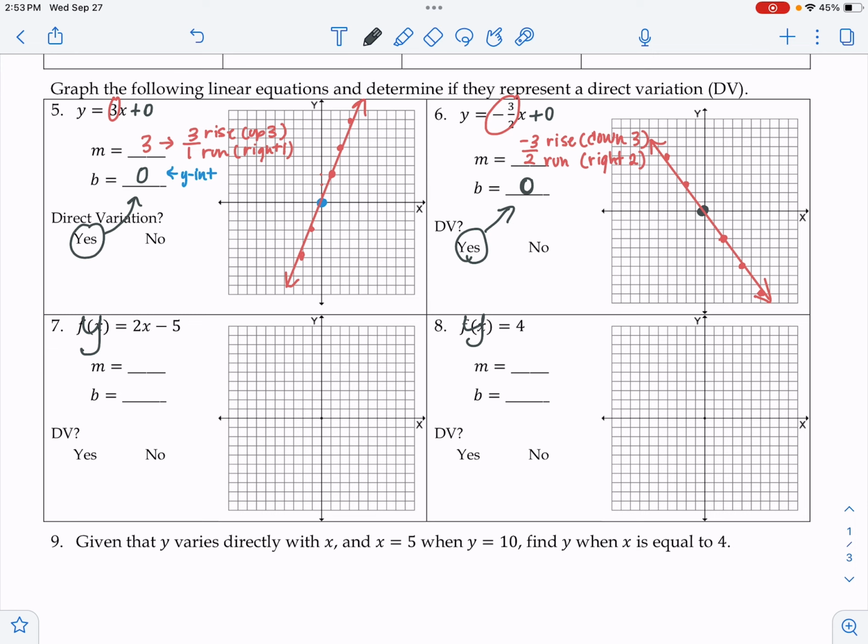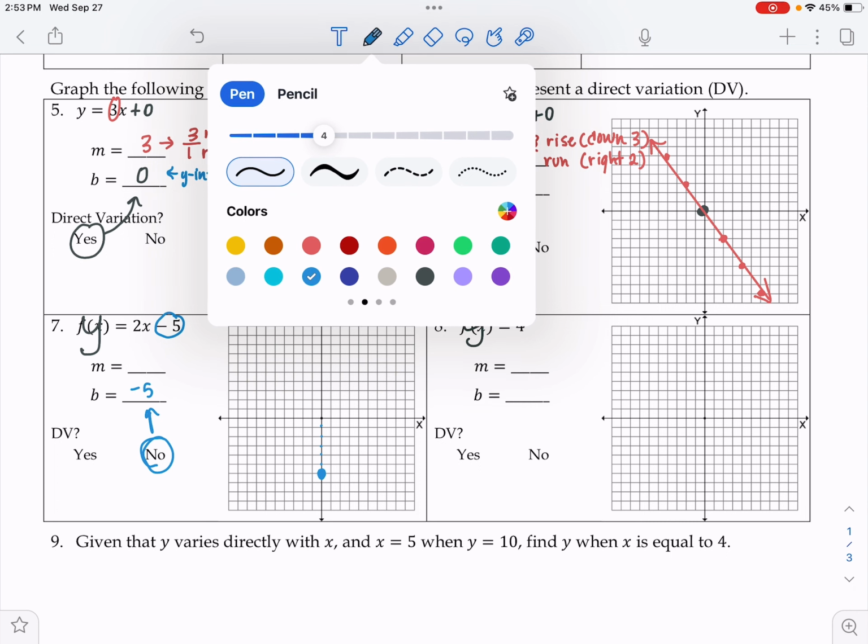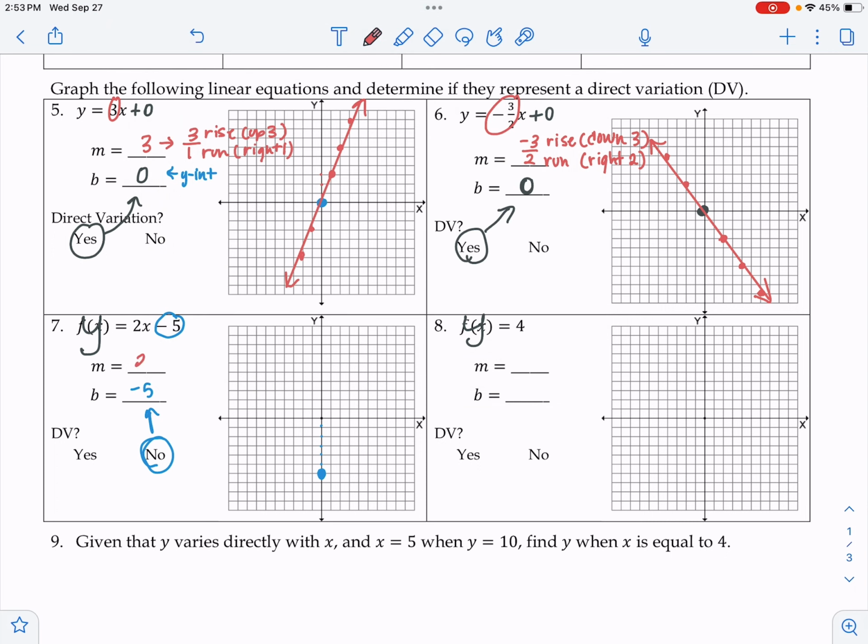Okay, and so this time our y-intercept is not 0. It's -5. And so this is not a direct variation. It's not going through the origin. The y-intercept is down here at -5. Okay, and then our slope is 2, which we can write as 2 over 1.